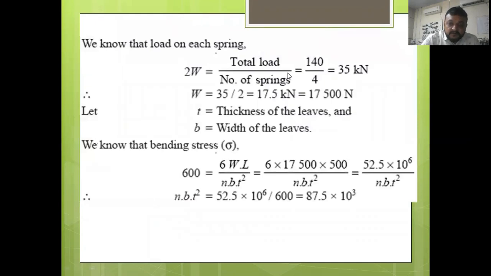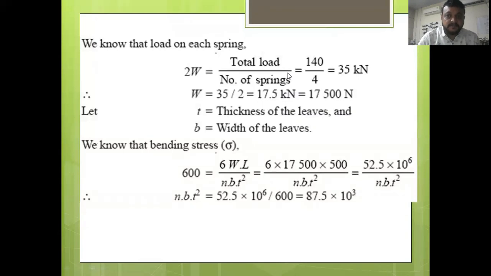Okay, now what we have to do, we have to design the spring. Initially we have to find the dimensions of the spring, that is the cross-sectional area of the spring material, B and T, width and thickness.